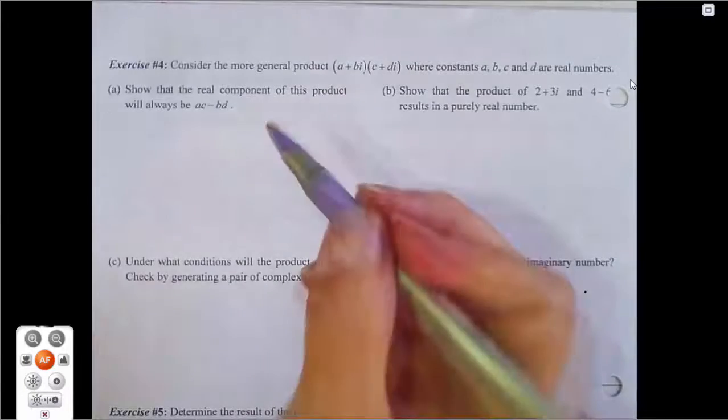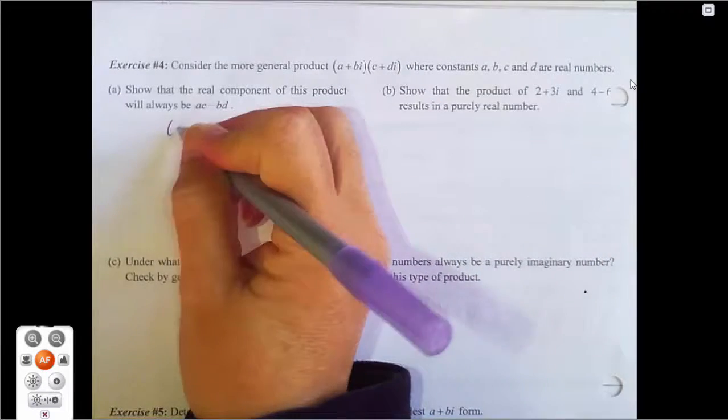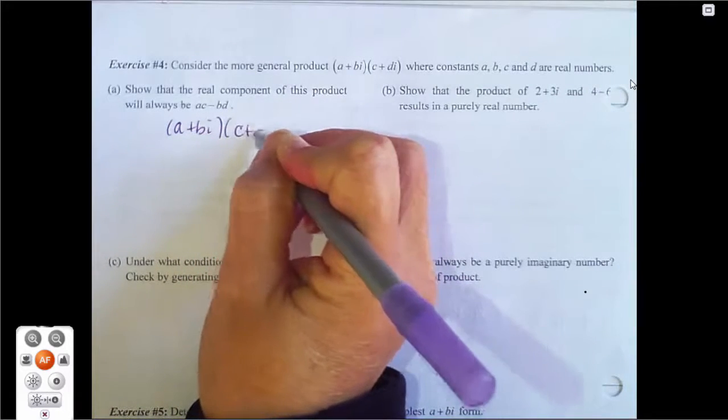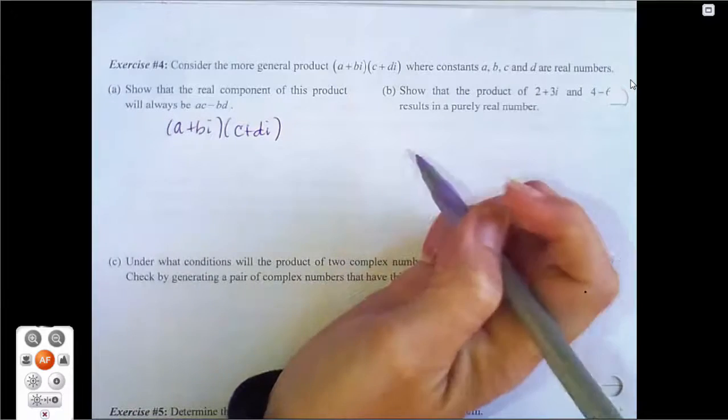So in other words, let's just multiply this out. So we have a plus bi times c plus di. Double distributing, just with lots of variables.